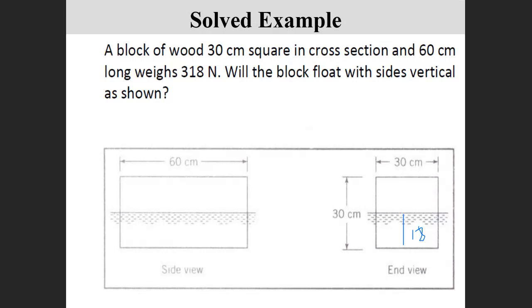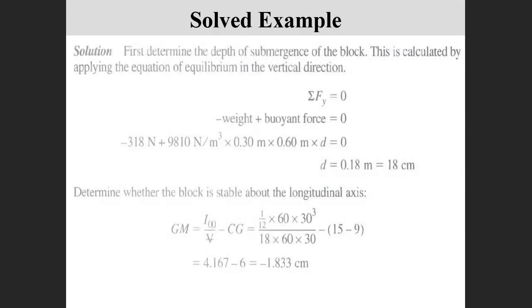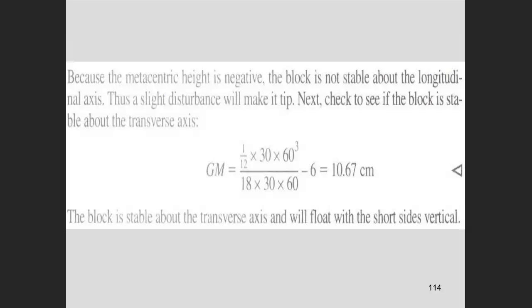So the remaining is 12, right? Because this is all 30. The part immersed is 18. The remaining is 12. If you put it horizontally, CG basically becomes, rather than 15 minus 9, half of the remaining 12. That is 6. If you can imagine it.